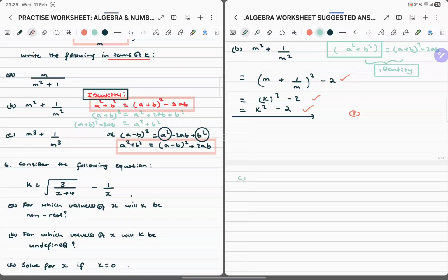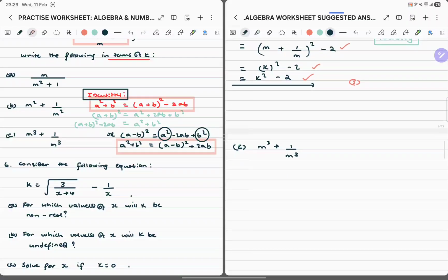Let's do C, nice and easy. C, we've got a sum of 2 cubes. You see now? Right, so again, this forces us down memory lane. Do you remember how to deal with an identity of 2 cubes, like a cubed plus b cubed?